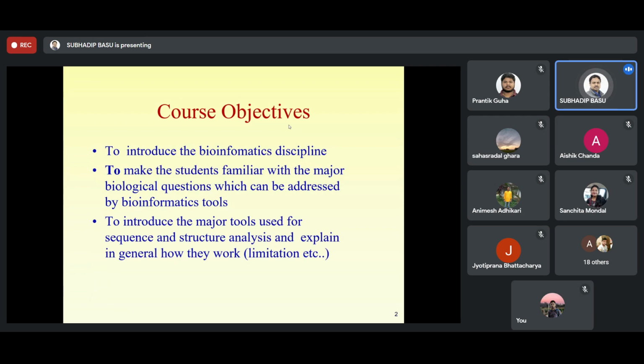And there are many areas where you can study much deeper, and you can write maybe a simple code, maybe design a very simple tool to address some of the biological problems.